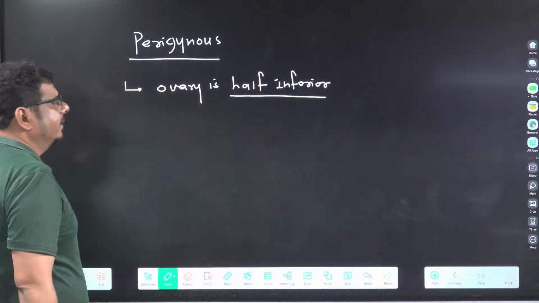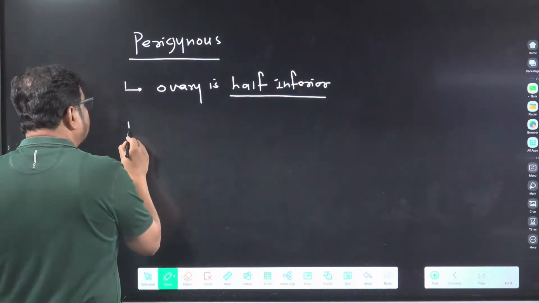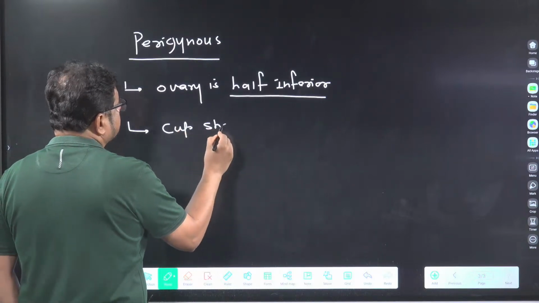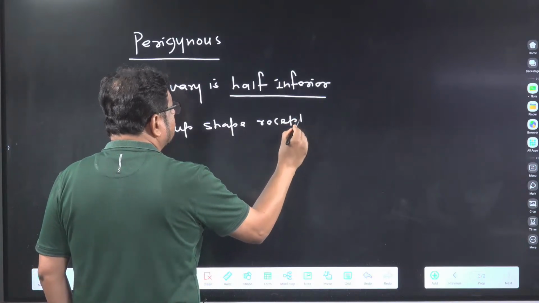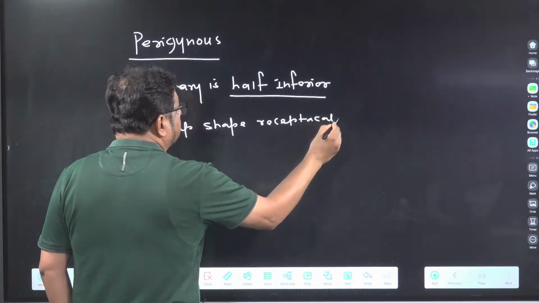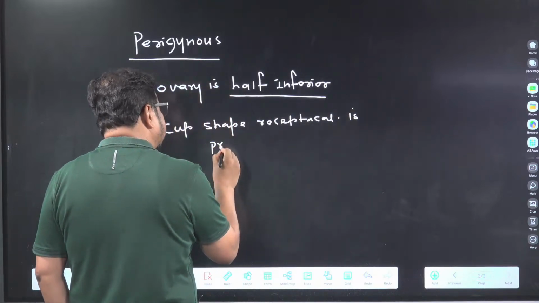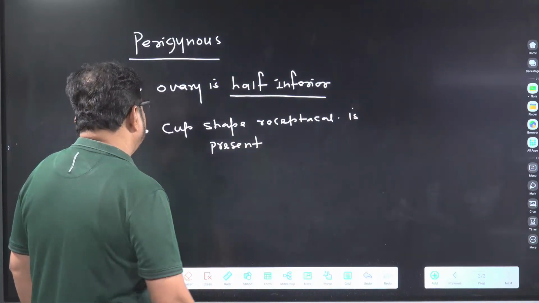Ovary is half inferior. Got the idea? So in the perigynous condition, a cup-shaped receptacle is present. Receptacle is what basically? Thalamus. What is the shape? Cup shape.